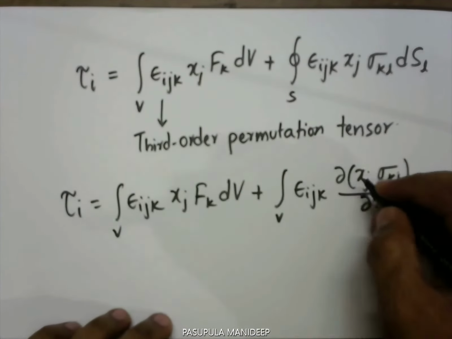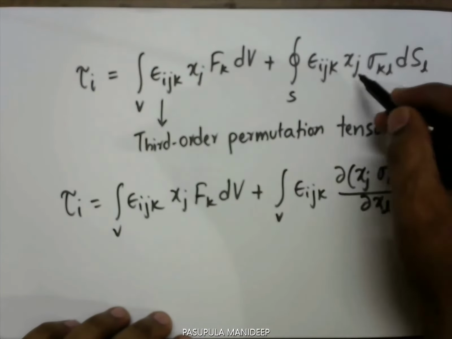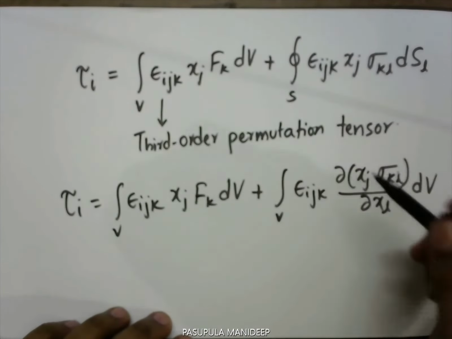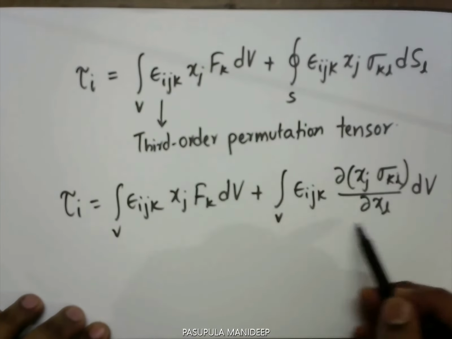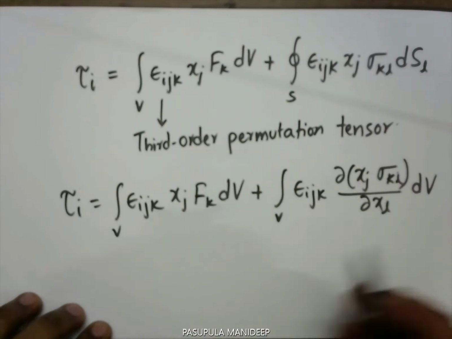We can convert this surface integral to a volume integral using the tensor divergence theorem. Now we can further reduce this term.